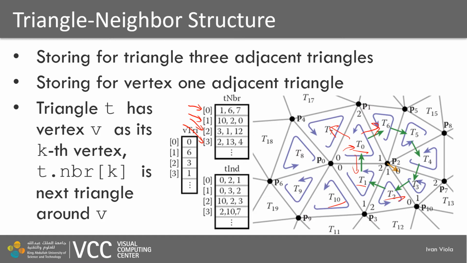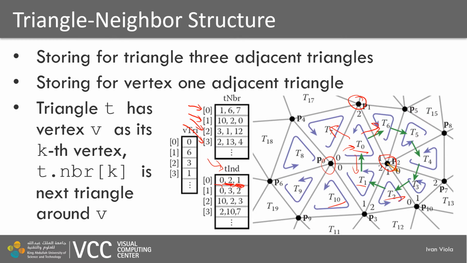Furthermore, as before, we are storing the triangle indices into our vertex array, where in our vertices we will have, for example, the vertex 0, 2, 1, defining that the P0 is the zeroth vertex for the triangle 0, P2 is the first one, and P1 is the second one.